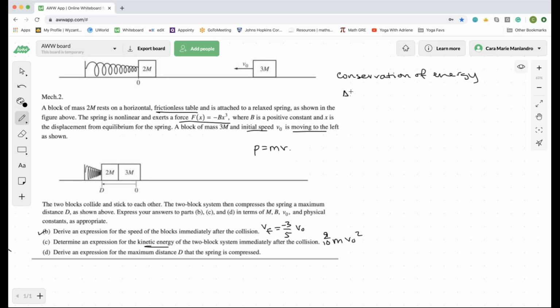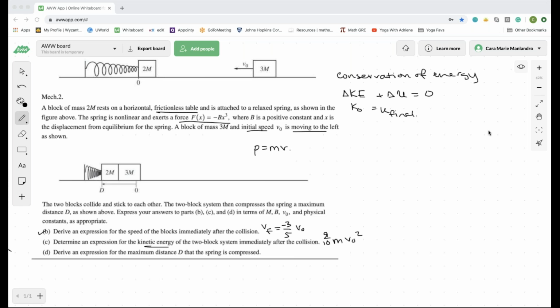Conservation of energy means that your change in kinetic energy of your system plus your change in potential energy is 0. We're not losing energy, we're not gaining energy. So your initial kinetic energy is going to be equal to your final potential energy. Everybody okay with that?